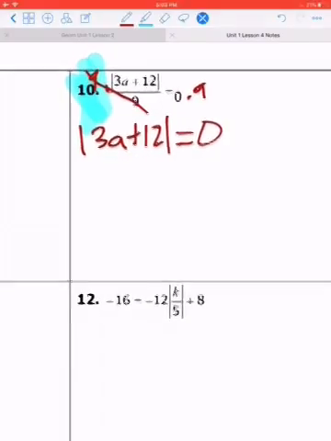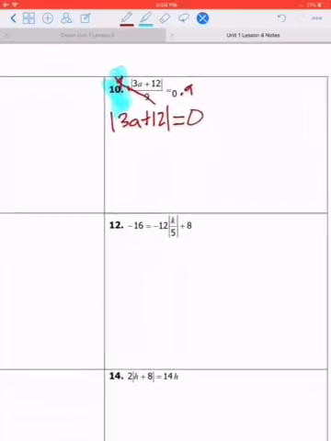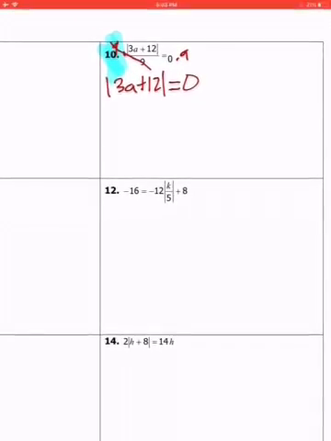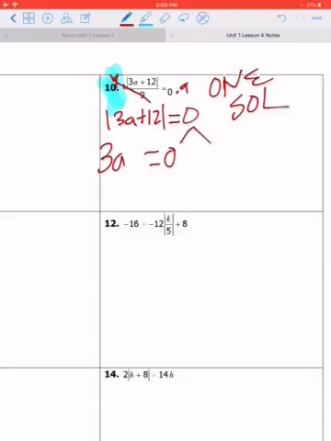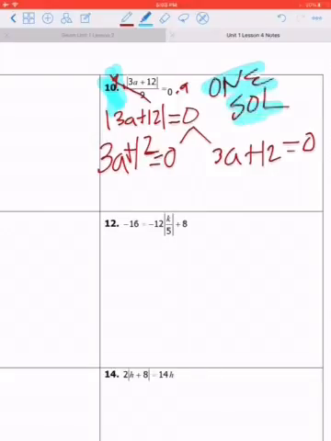However, positive 0 and negative 0 are both 0. Okay? So this actually just gives you one solution. If you wanted to split, you'd have 0 twice, because negative 0 is the same thing as 0. So since they're the same exact equation, that's why we just get one solution.